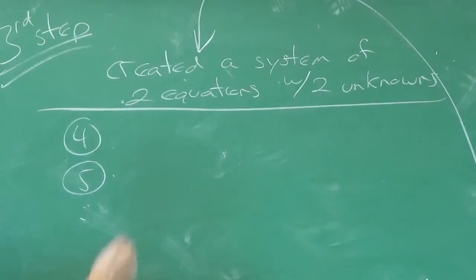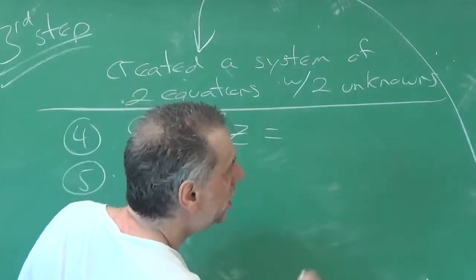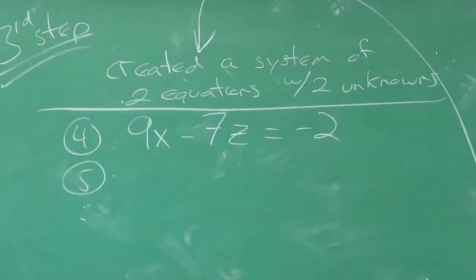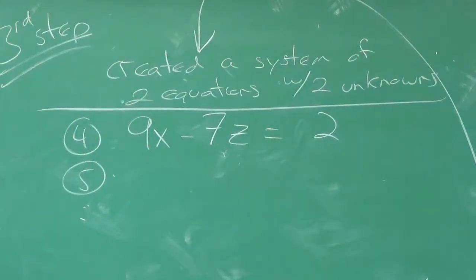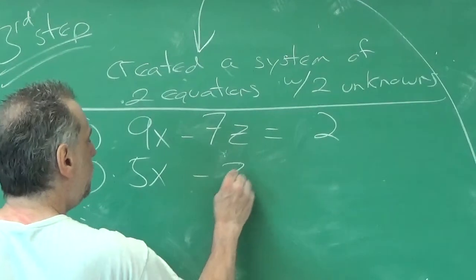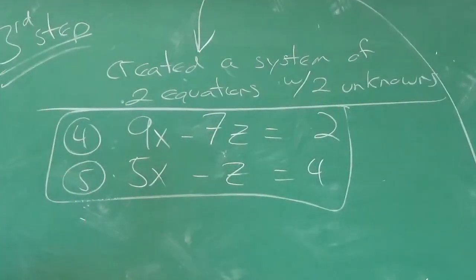Our equation 4 was 9x minus 7z equals negative 2, or positive 2, sorry. Positive 2, is that right? Mm-hmm. Okay, and 5x minus z equals 4. Okay, so now we just do exactly what we did in section 5.1.